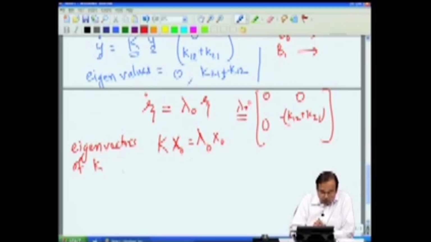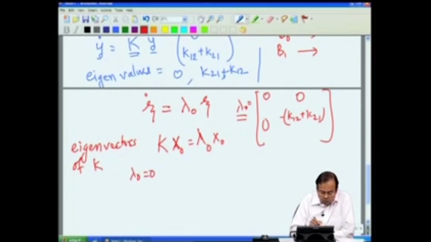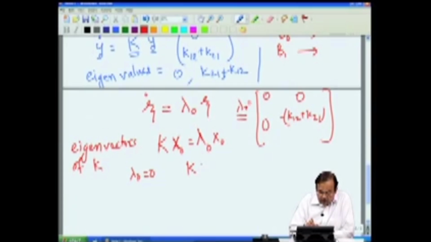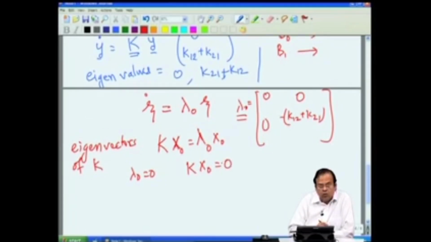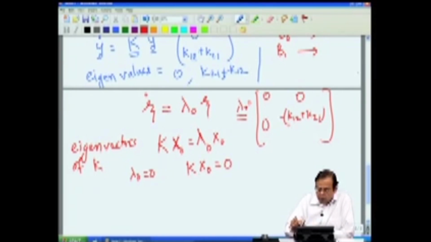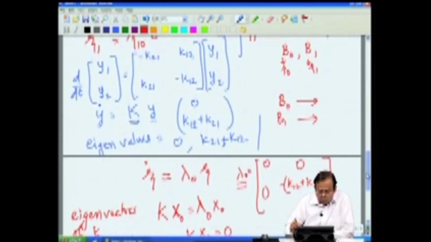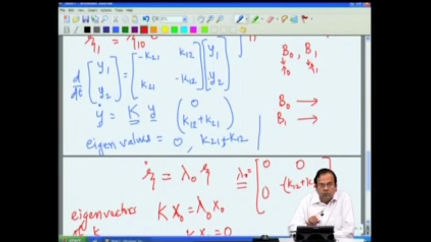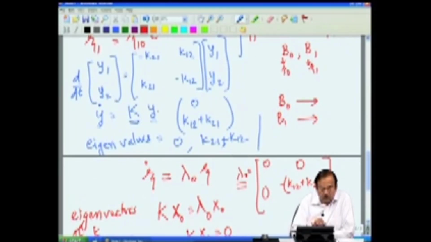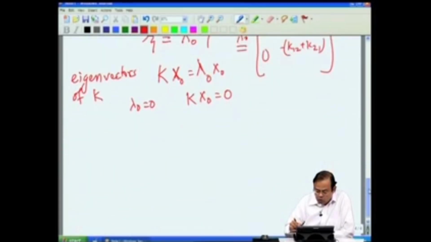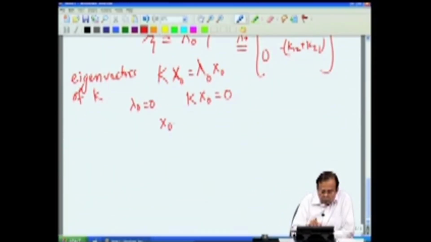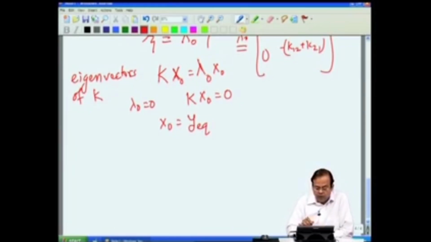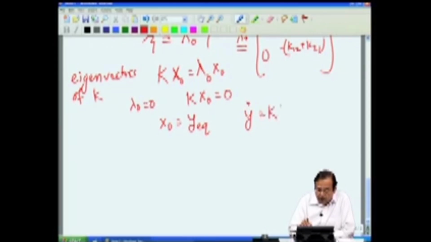Now, for lambda 0 equal to 0, this tells k x 0 equal to 0, and when does k x 0 become 0? When does k into y become 0? K into y equal to 0 means system has reached equilibrium. So, the first eigenvector x 0 is nothing but the equilibrium value obtained from the dynamics y dot equal to k y equal to 0. So, the solution of this is y equilibrium.